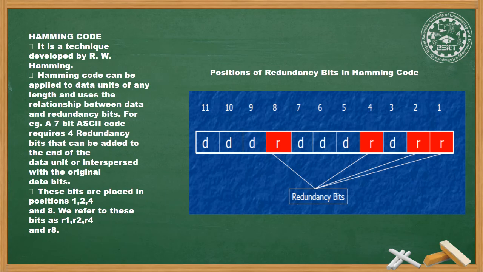So in this technique we add the redundancy bits, but we do not directly append all these redundancy bits to the data frame or join them together at the very end of the data frame. Instead, we insert them in between within the complete data frame. Okay, so in this case we have inserted those bits at positions 1, 2, 4 and 8.